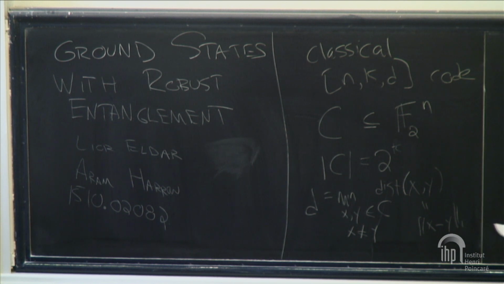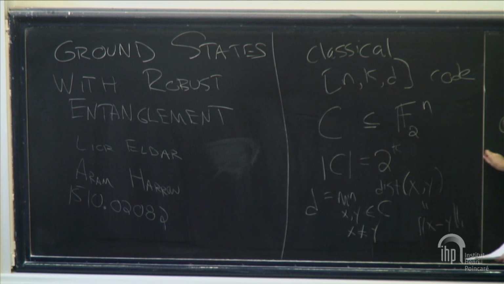You know, I have points that are far apart, and so if I get some corrupted version of one of the code words, let's say this green point right here, if there are not too many errors, then I can uniquely reconstruct the closest code word that it came from. So I can correct up to d over 2 errors.